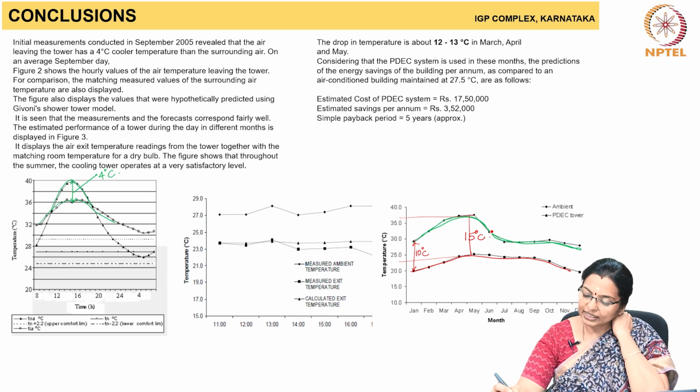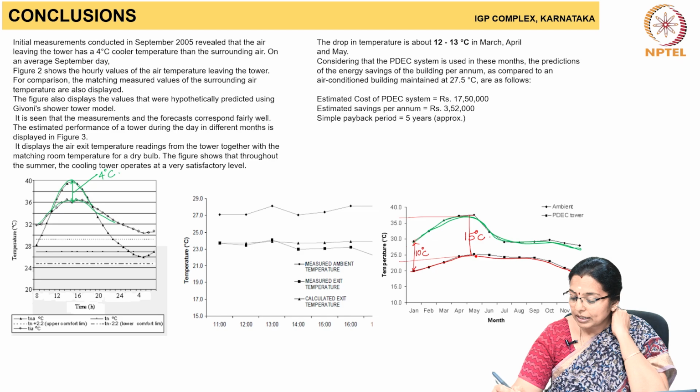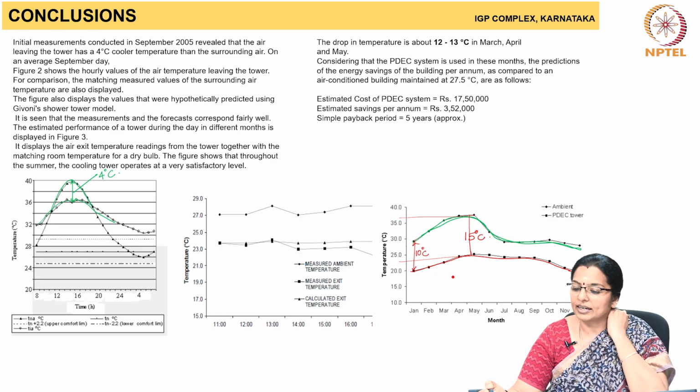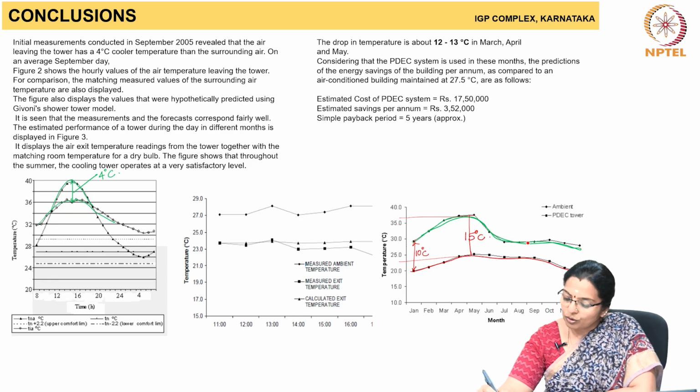So, you can see that there is a temperature difference of 10 degrees centigrade in January and 15 degrees centigrade in May. And of course, during the cooler months, there is a decrease in the temperature difference.